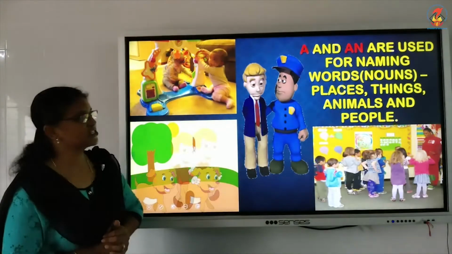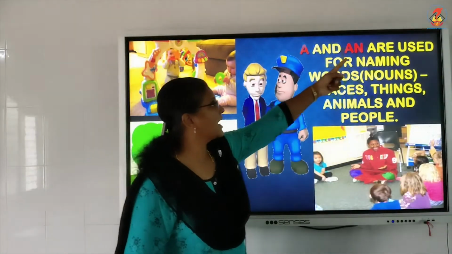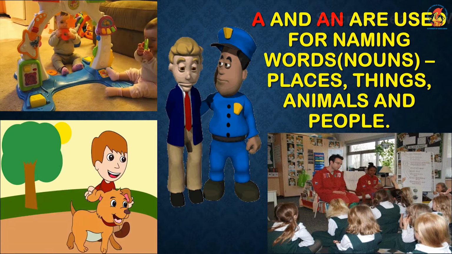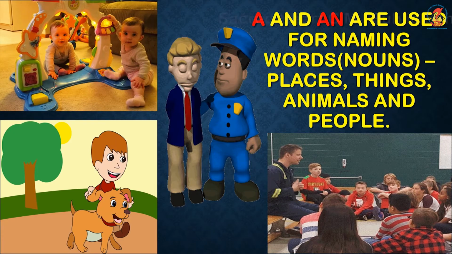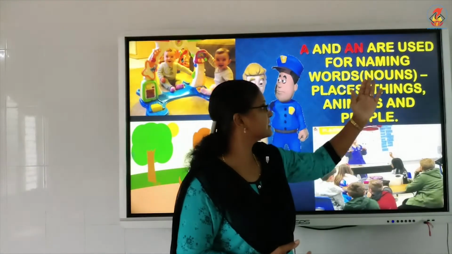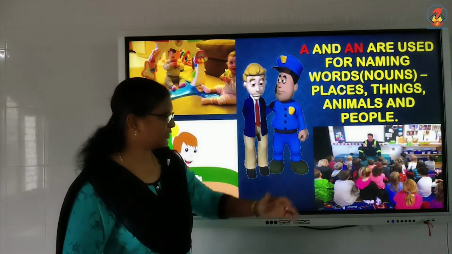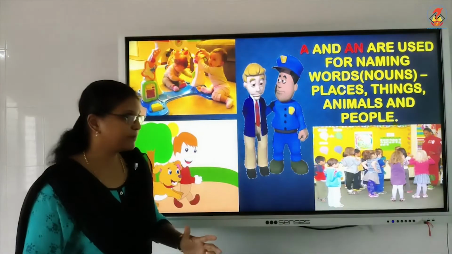The next, my little children, a and an are used for naming words. What are naming words? They are nouns. So, my little children, the nouns like places, things, animals and people. We use them for places like school, and it could be any other place.